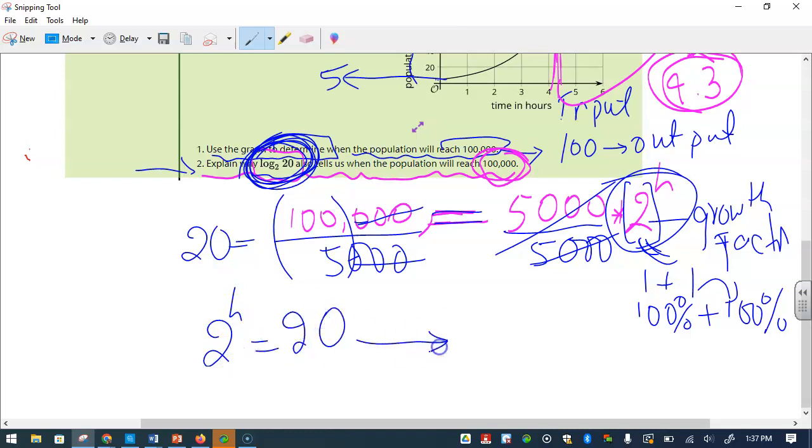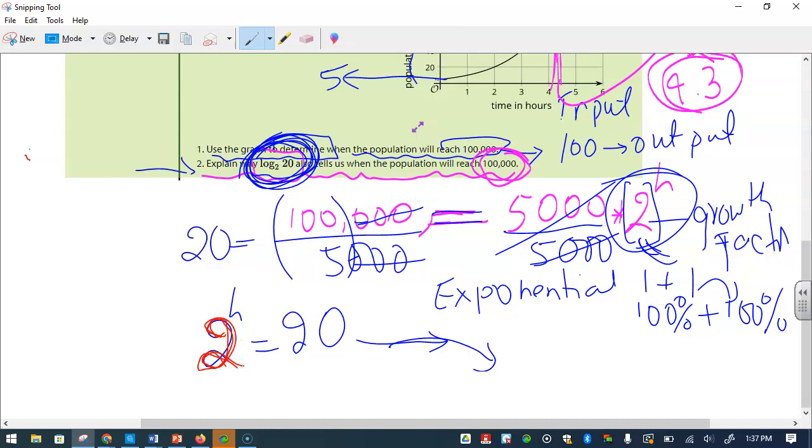Remember, when you want to change this exponential form to logarithm form, you look out for the base. In this example, the base is right here. The 2 is the base, right?